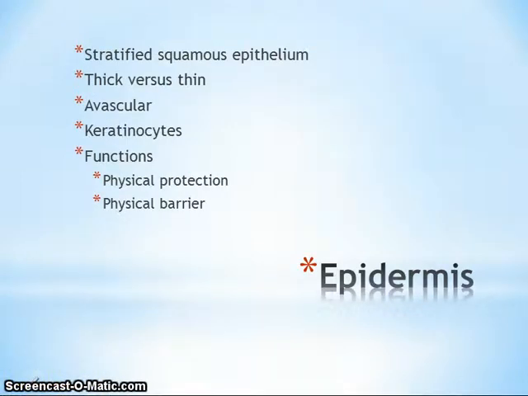Let's begin working from the outside of the skin inward. The outermost layer of the skin is called the epidermis. The epidermis consists of stratified squamous epithelium. Stratified squamous epithelium, if you recall, is multiple layers of cells that are squamous shaped or flat.